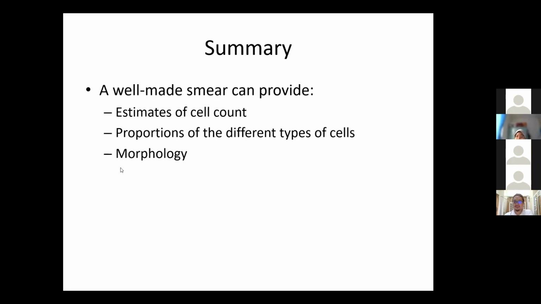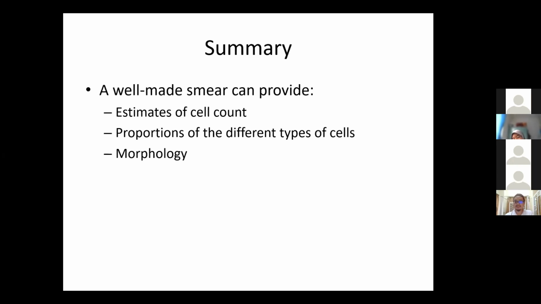And then some brief introduction to staining. Yeah, what to expect when we do the staining, what to watch out for, and the different ways to report the cells and what are the abnormalities that we might see. Okay, so a well-made smear will provide an estimate of the cell count. In some cases, they are indispensable. You have to do blood smear.